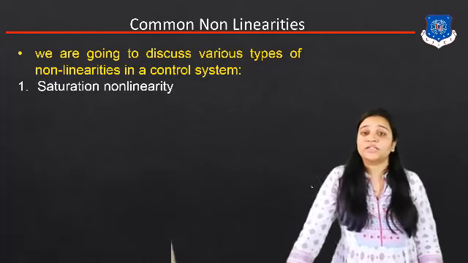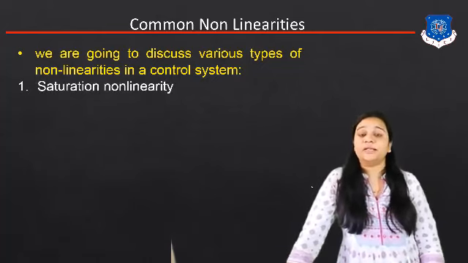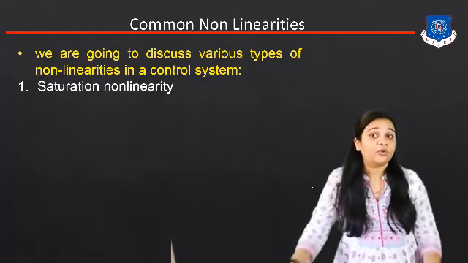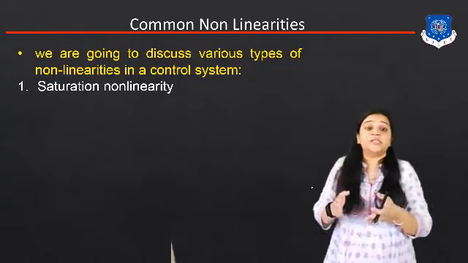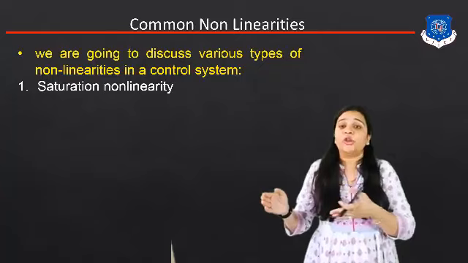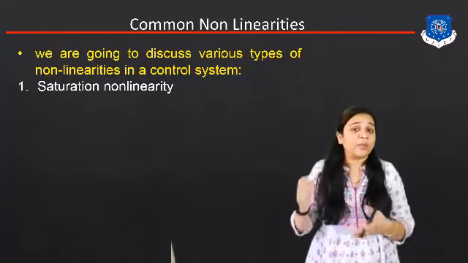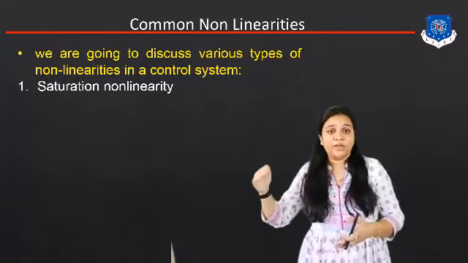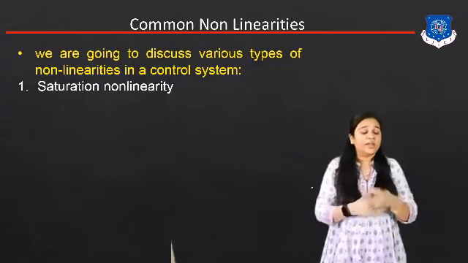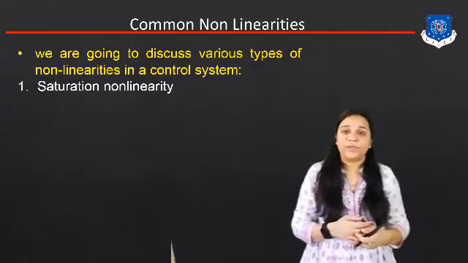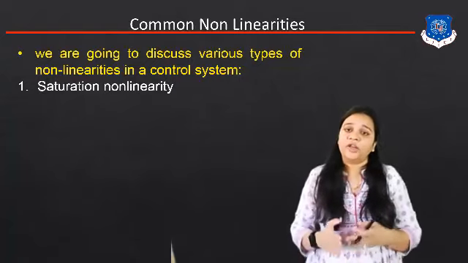The first one is the saturation non-linearity, which we already discussed when we drew the step response for this mechanical system. As you remember, after some point we get a fixed value of x. If we change the value of omega, the value of x will not change.